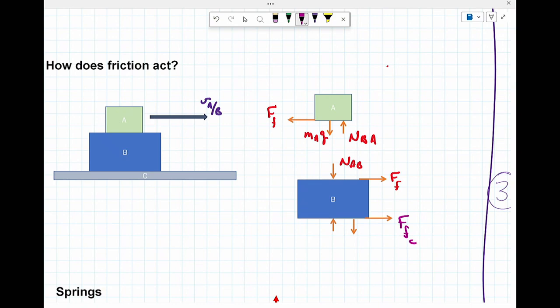I also will have another force of friction that opposes motion. And again, I kind of expect, and this will become more obvious as we go into momentum, that this box is going to try to move to the left. And if it does, the force of friction on C is again acting to the right.